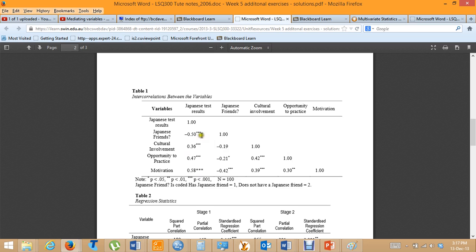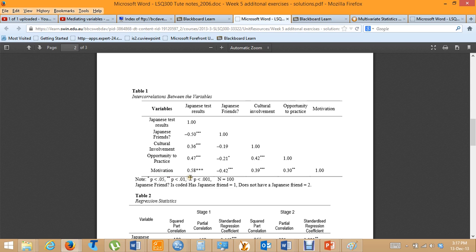Notice we're just giving the size of the correlation, and then rather than also stating the p-values, there's just a little asterisk next to the correlations telling you the size of the p-value. So if it has 1 asterisk, then the p-value associated with that correlation is less than 0.05. If it has 2 asterisks, then the p-value is less than 0.01.